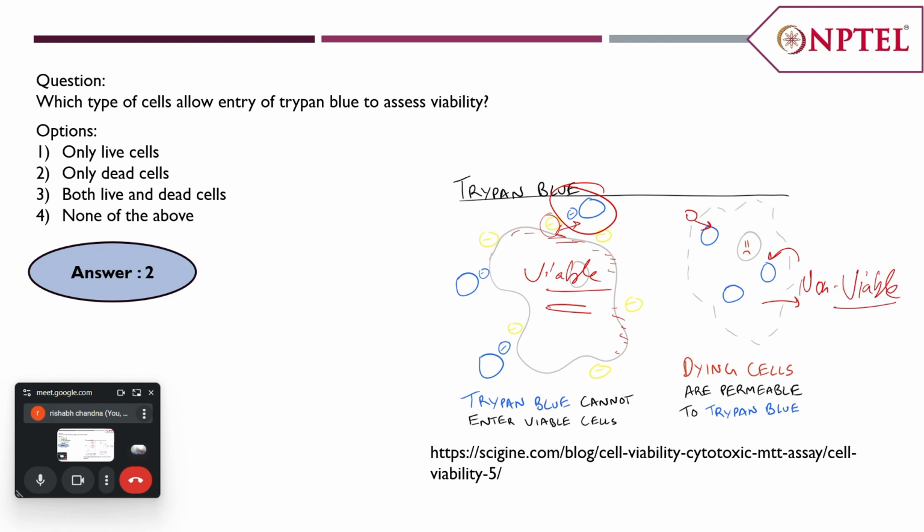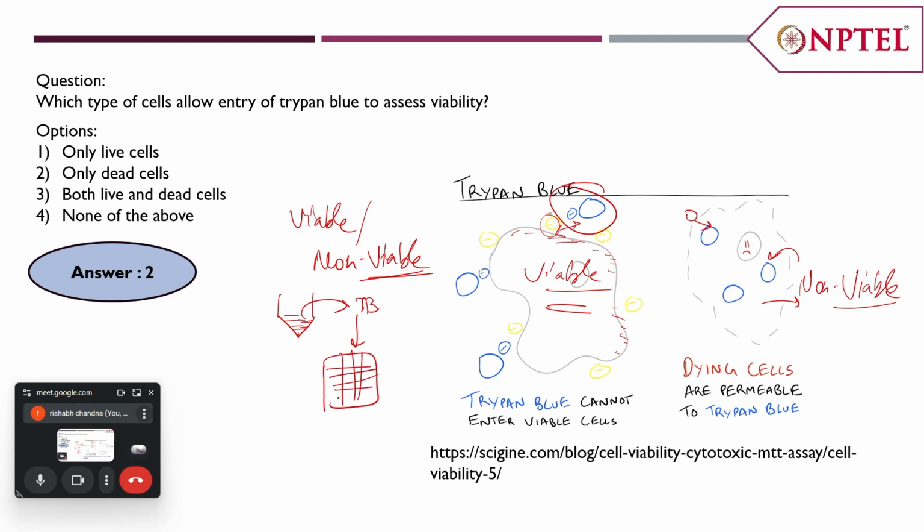So trypan blue staining is widely used in cell culture techniques, to assess whether the cells that we are plating are viable or not. What we generally do is pellet down the cells in a centrifuge, then treat them with trypan blue stain and visualize using a hemocytometer.